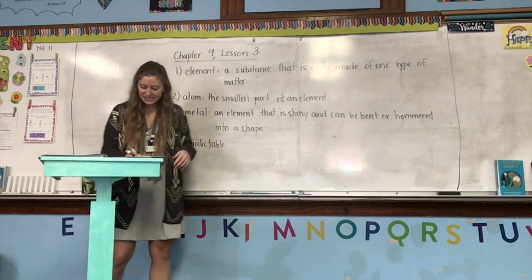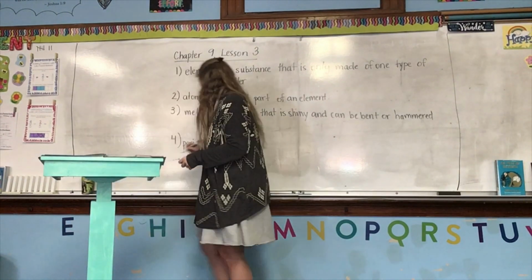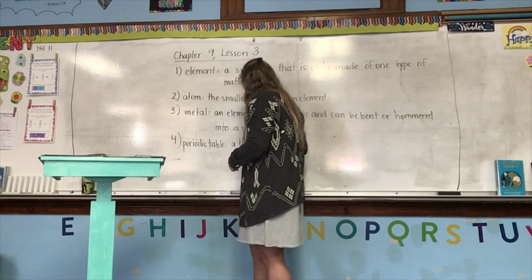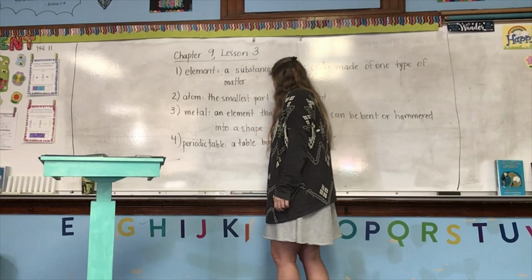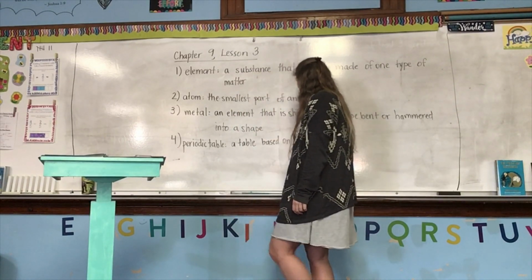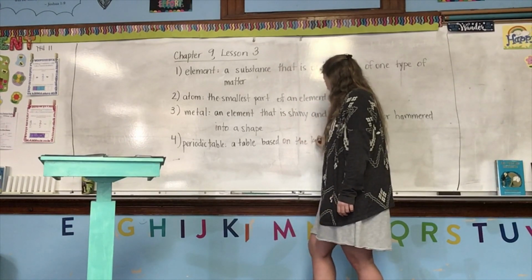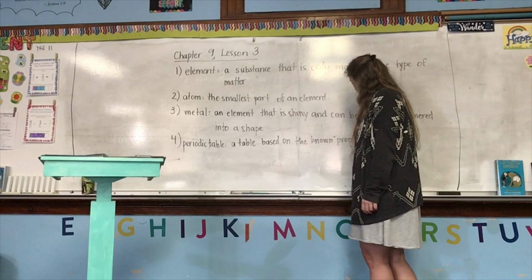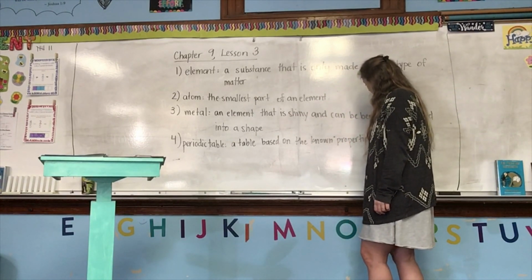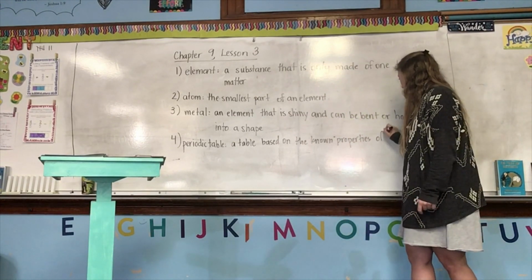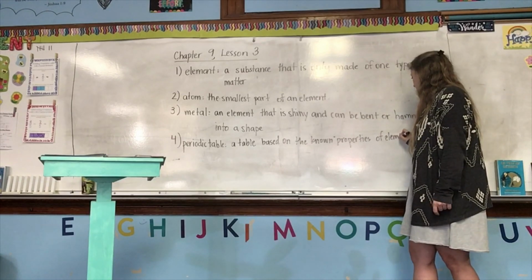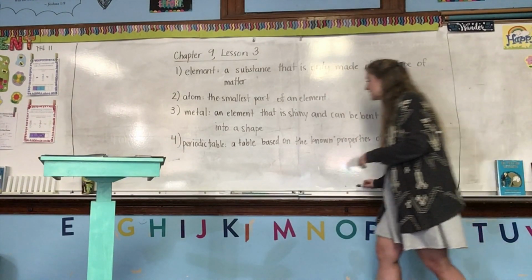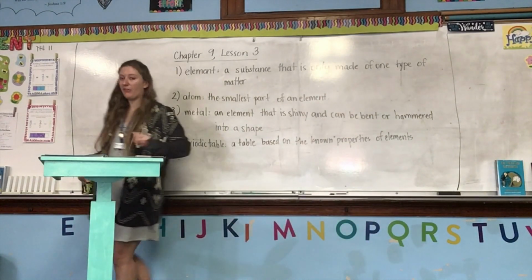And the periodic table is a table based on the known properties of elements. So that means it's organized based on what we know about the elements.